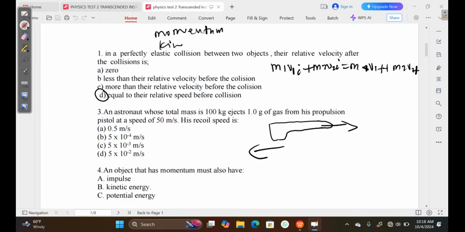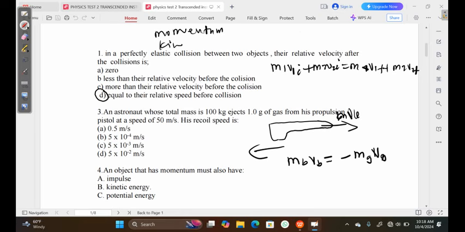So I need to have the mass of the gun. Now I'm going to say the bullet. The mass of the bullet times the velocity of the bullet should be equal to, now this gun is going in the opposite direction to the bullet, so it's going to carry a negative, so it will be negative the mass of the gun times the velocity of the gun.